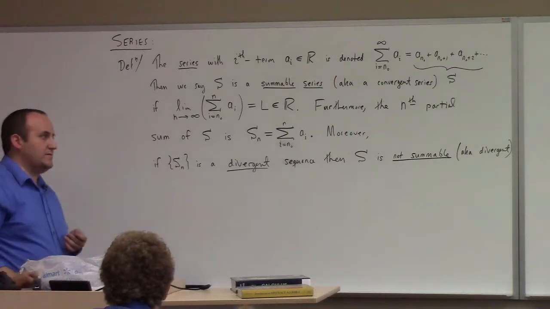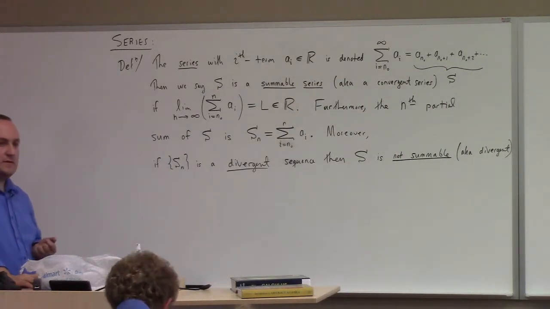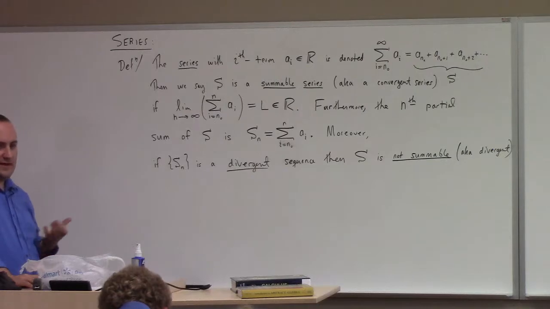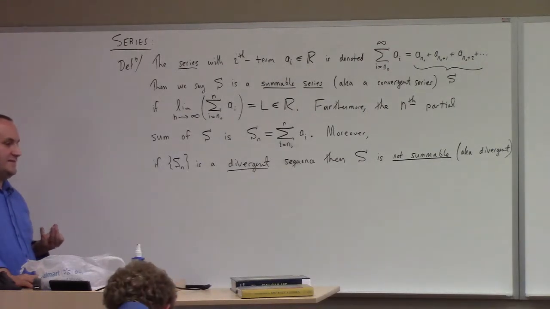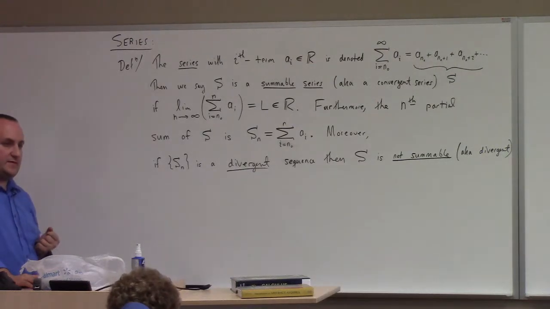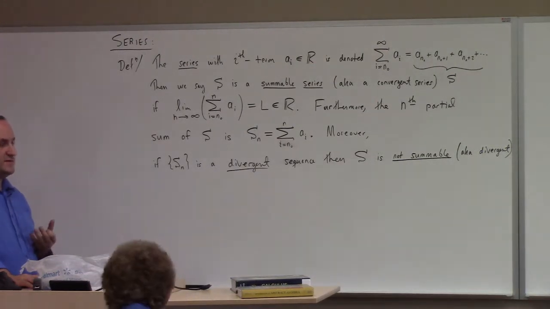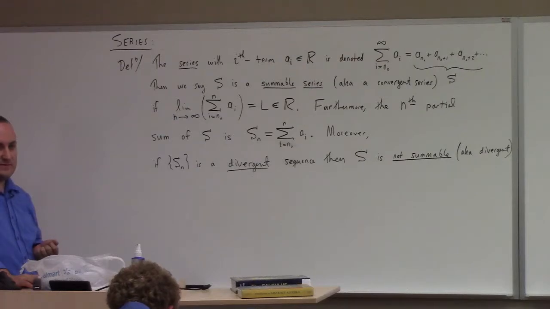The reason I'm trying to introduce the terms summable and not summable, or you could say unsummable if you like, is I wanted to draw your attention to the distinction between convergence for a series versus convergence for a sequence.